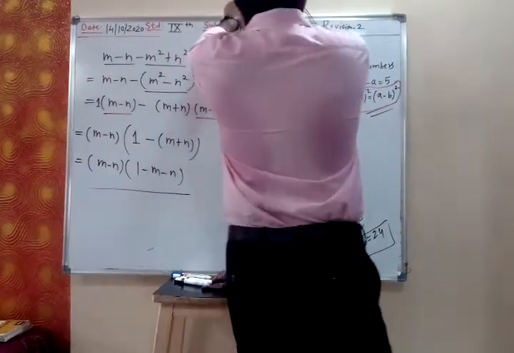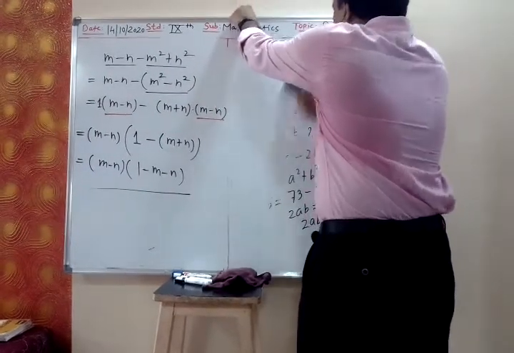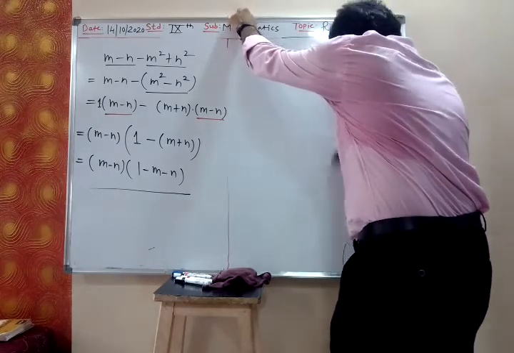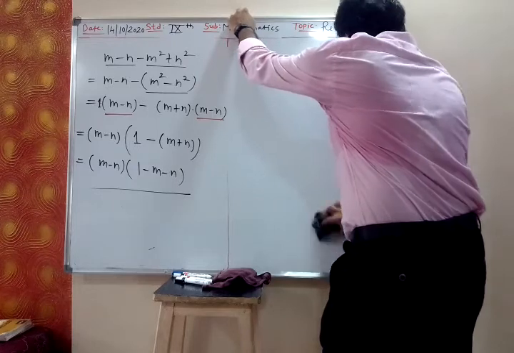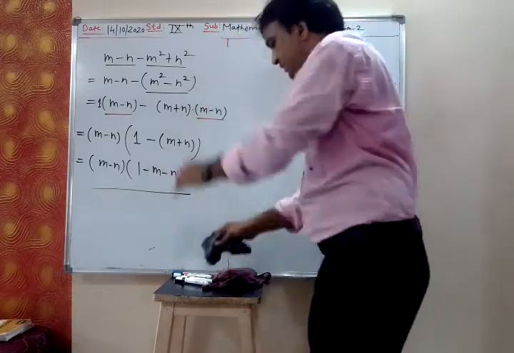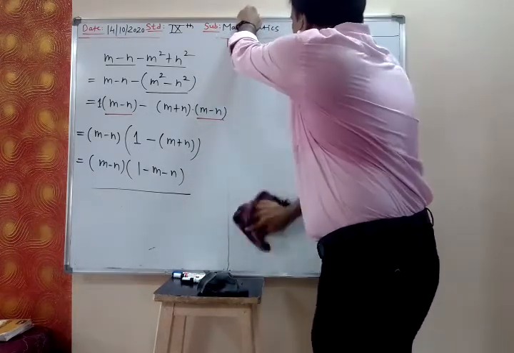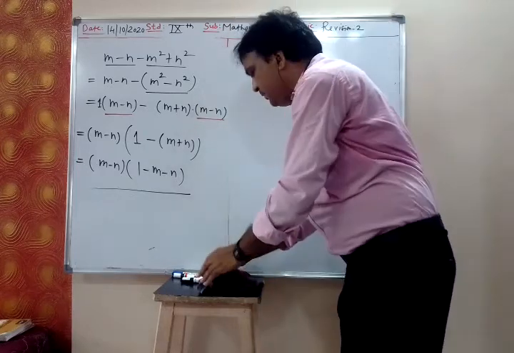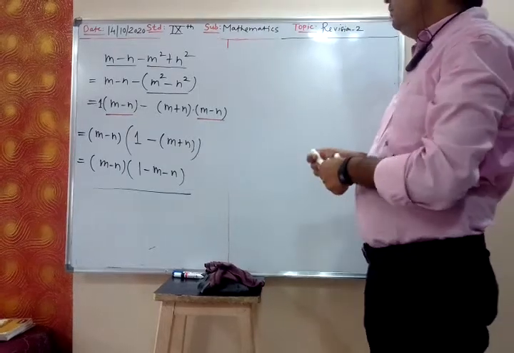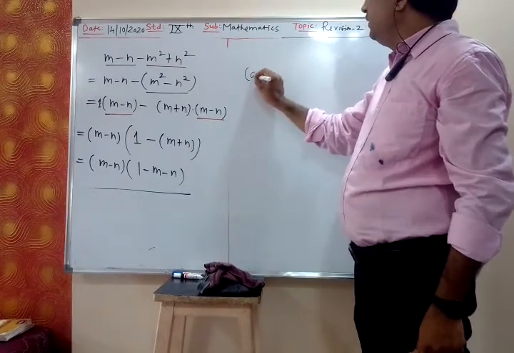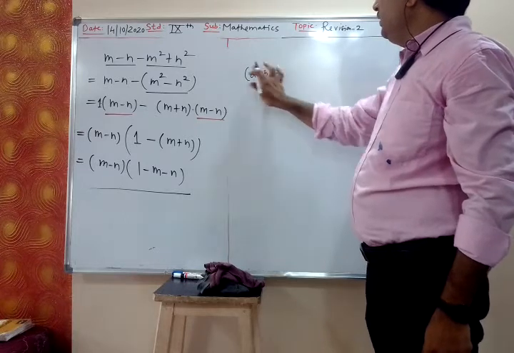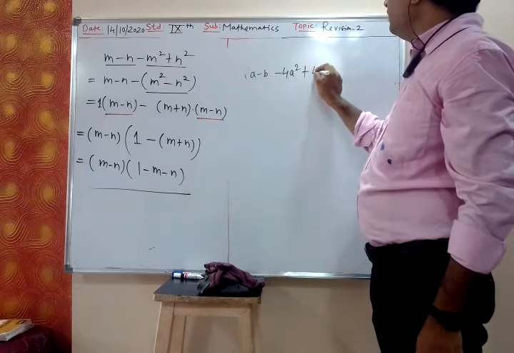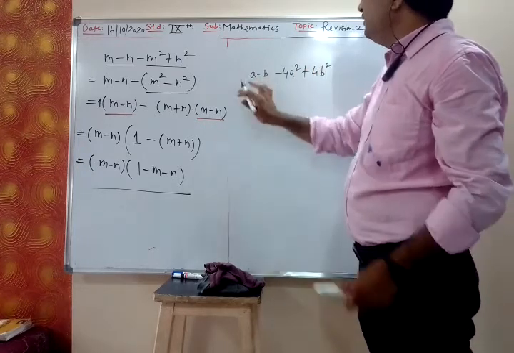Sixth term. What is that sixth term? a minus b minus 4a square plus 4b square, correct? So I will do it in the same way.